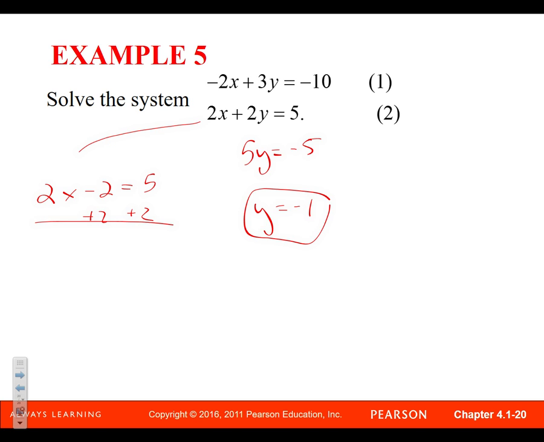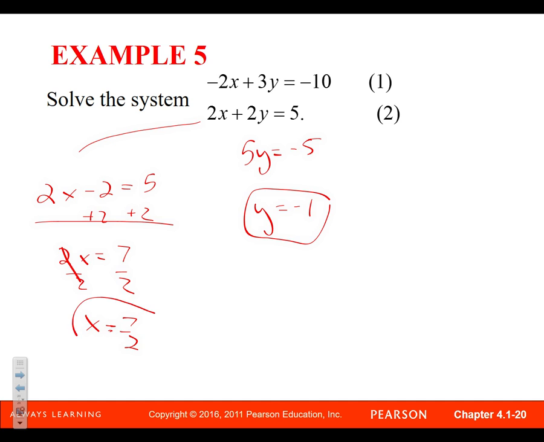Hey, why doesn't that look right? Is this wrong? Why is it a negative? Because negative 10 plus 5 is negative 5. It's going to be a fraction, guys. So this is going to give me 7, right? Divide both sides by 2. So x is equal to 7 halves.